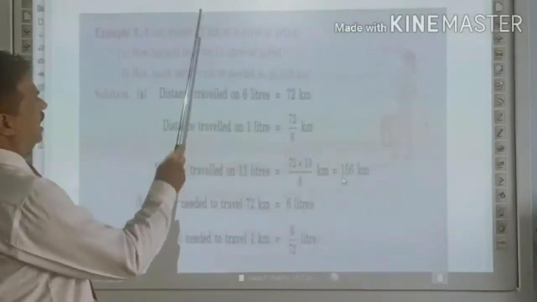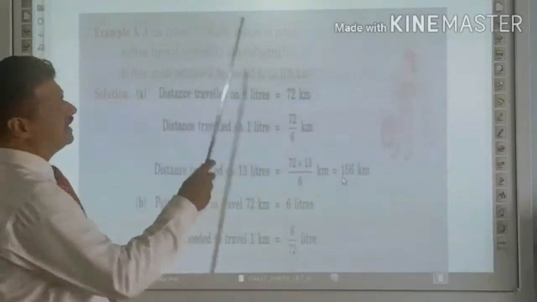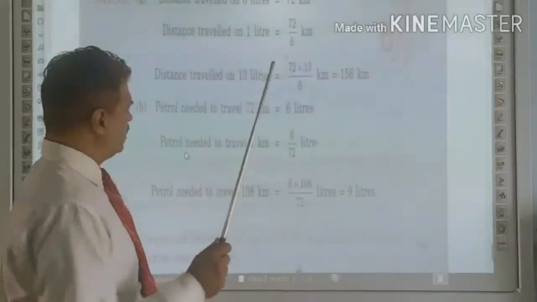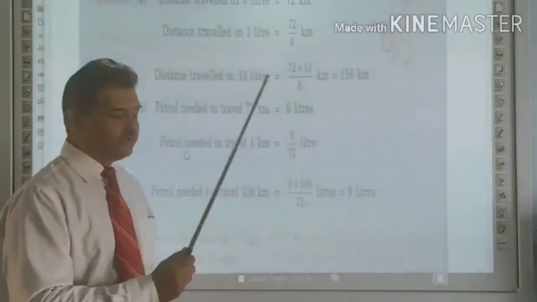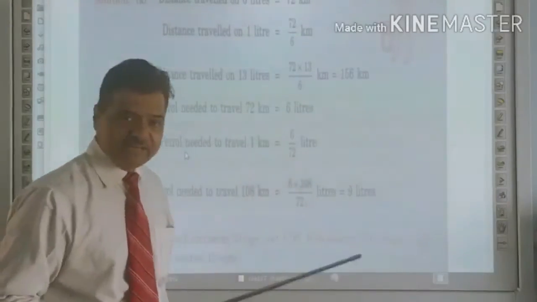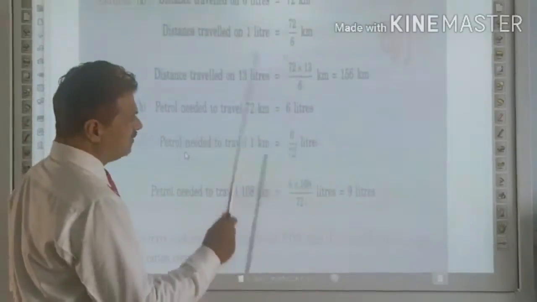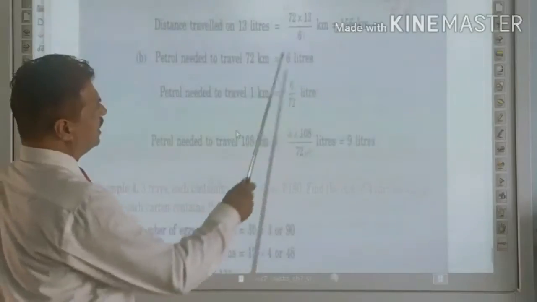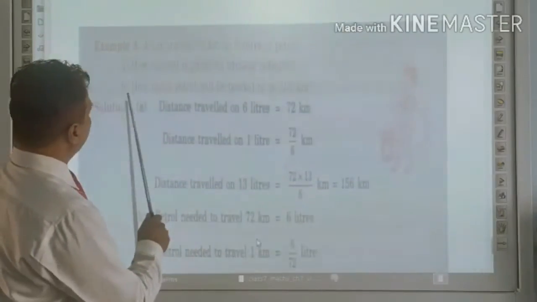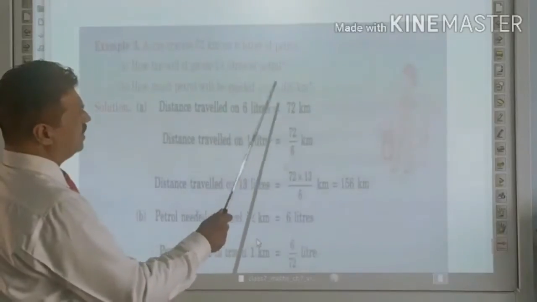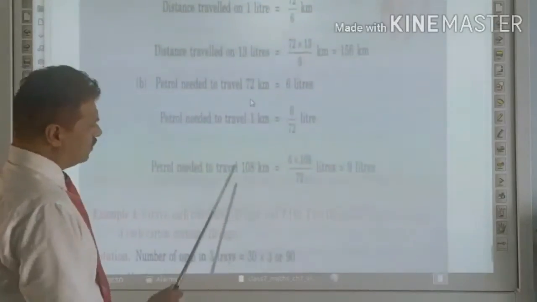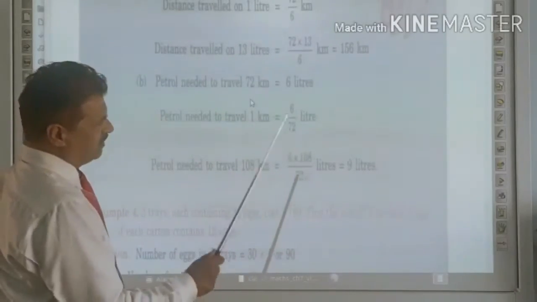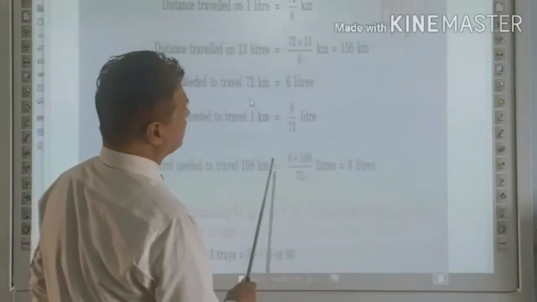The car moves 72 kilometers on 6 liters of petrol. For 1 kilometer it is 6 upon 72 liters, because many to 1, we divide. The question asks how much petrol is needed to go 108 kilometers, so 6 upon 72 multiplied by 108 gives 9 liters.